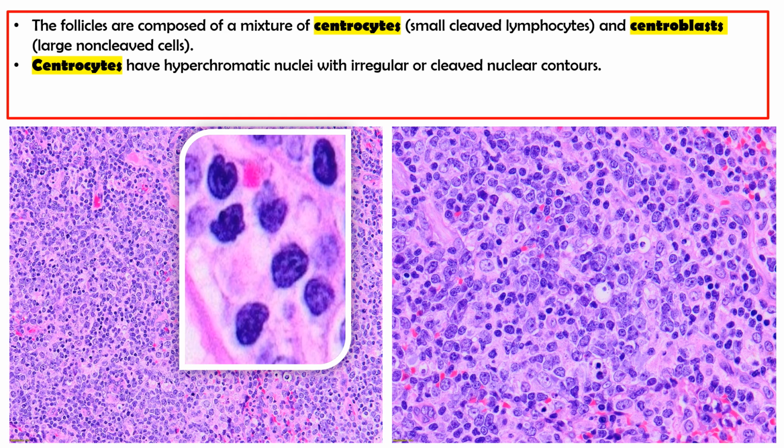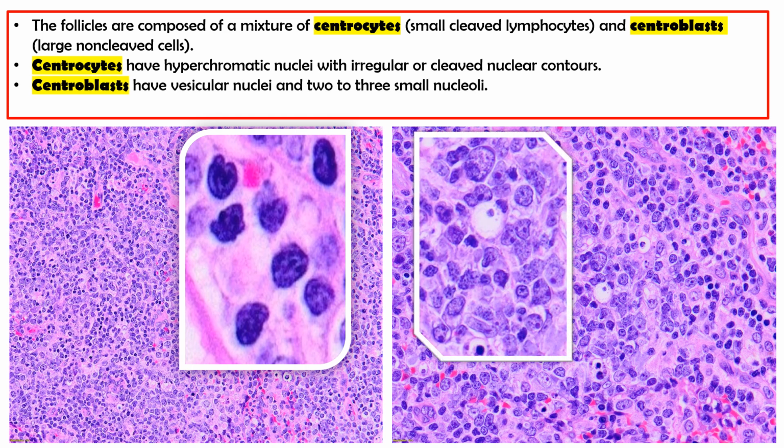Centrocytes have hyperchromatic nuclei with irregular or cleaved nuclear contours. Centroblasts have vesicular nuclei and 2 to 3 small nucleoli. Some centrocytes become vacuolated.